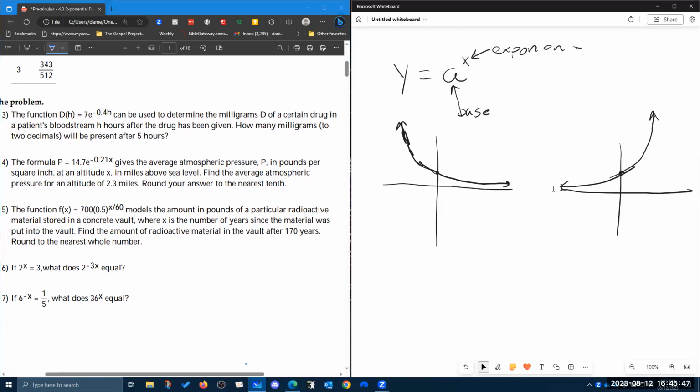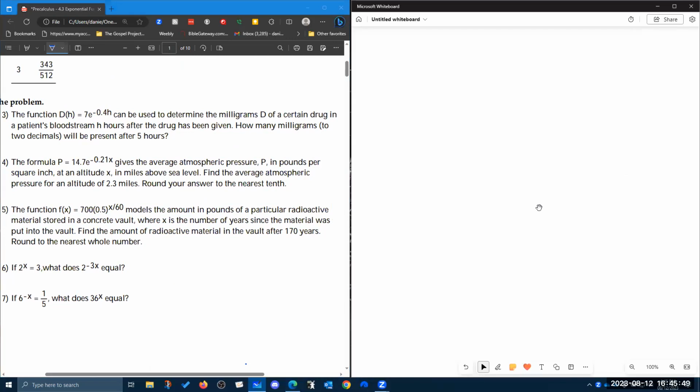The function d of h is equal to 7e to the negative 0.4h, where h is the time in hours and d is the dosage, or you could say concentration in milligrams, that will be present after a certain number of hours. So we want to find the amount of drug in the person's body after 5 hours.